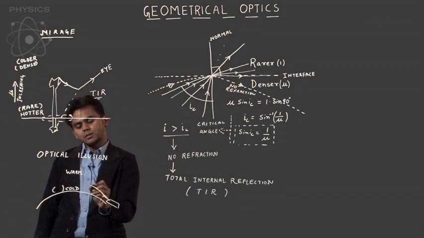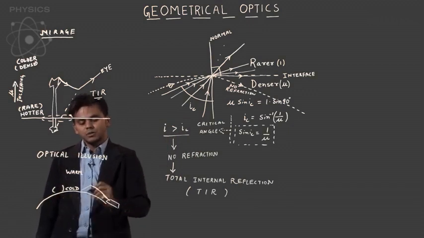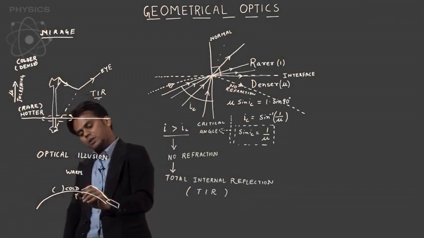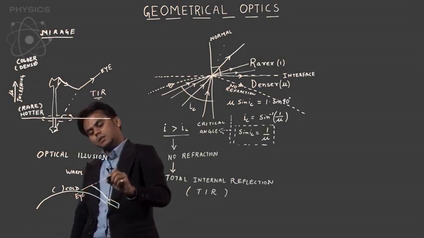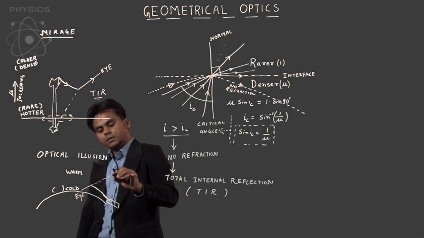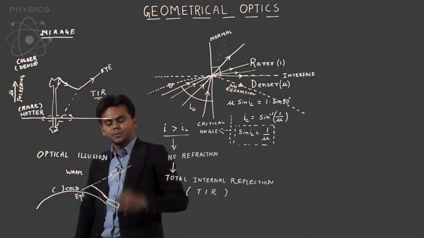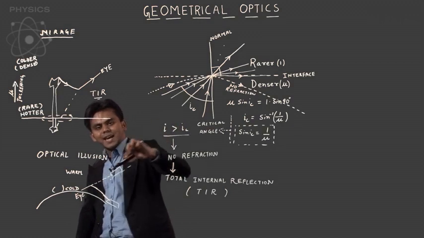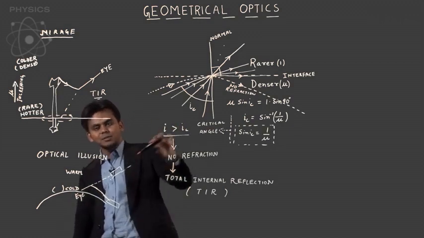So I'll curve like this, which means my eye over here will think that this is coming from somewhere here, which means my eye would perceive the ship to be coming from the sky, not coming from below but coming from the sky.